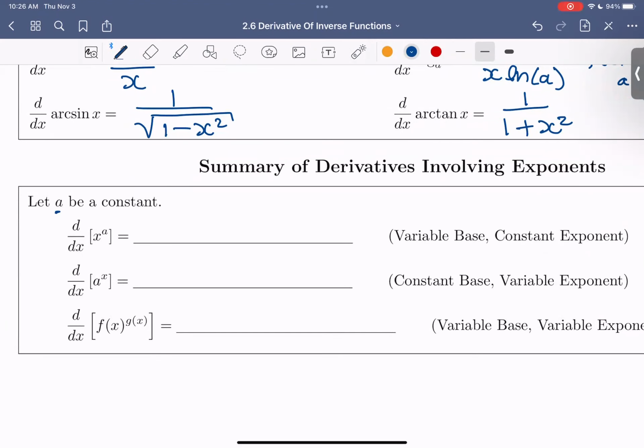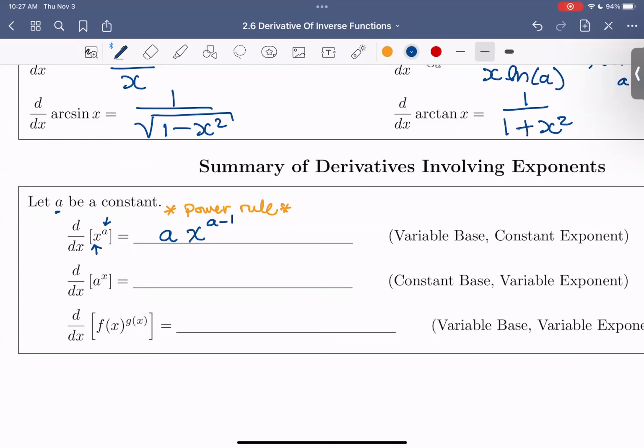In this first function, the constant is in the power and the base is the variable. So we've seen this before. This is called the power rule. The derivative is a, so the power comes down, times x to the power of a minus 1.